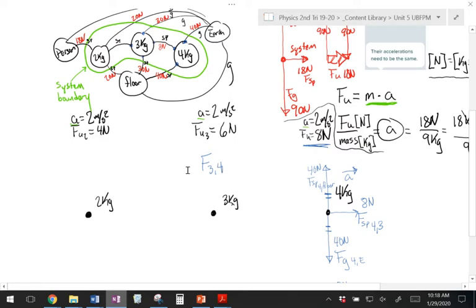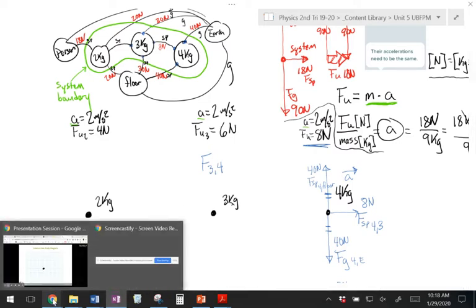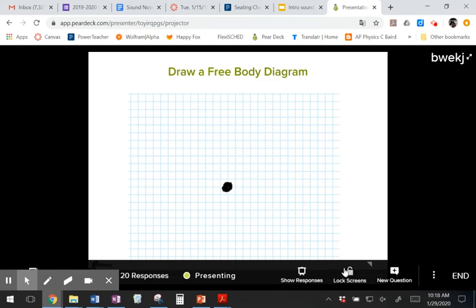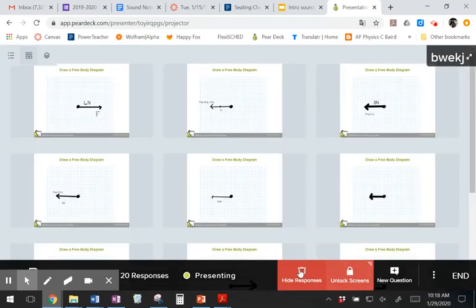Give you a few more seconds here. What direction? Don't worry too much about the amount, but more so, what's the direction? All right, I'm gonna lock it down, and this is what I see in here right now.